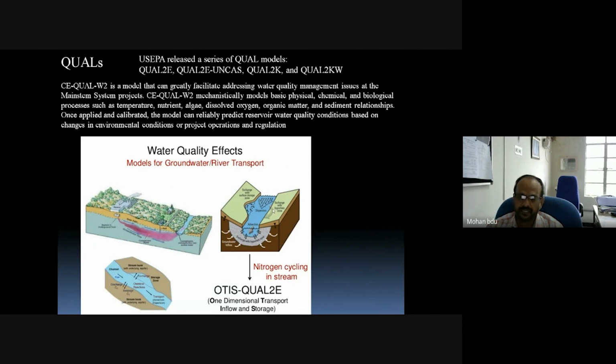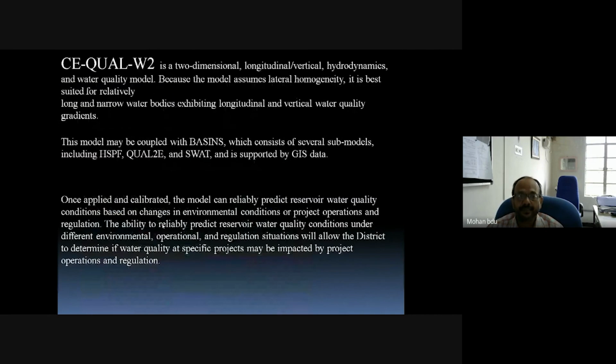So even in the reservoir, you can apply this model, and we can find out the transport and dispersion of pollutants. For example, nitrogen, what is the nitrogen and how does it disperse? Different pollutants will have different kinds of transport depending upon their chemical and physical characteristics.